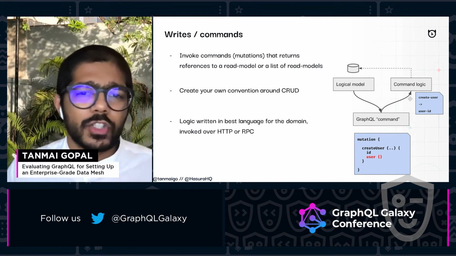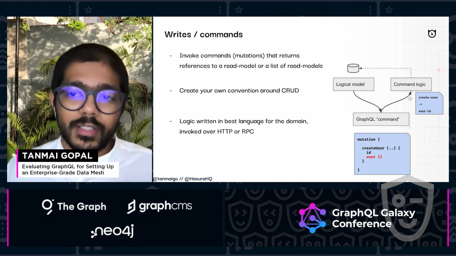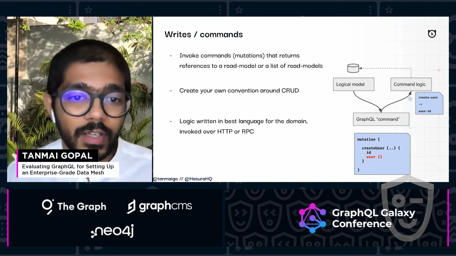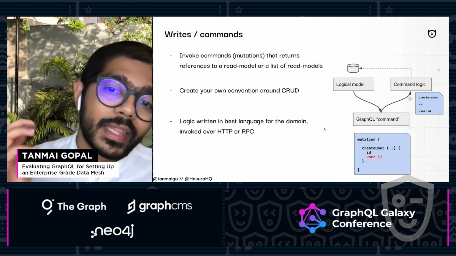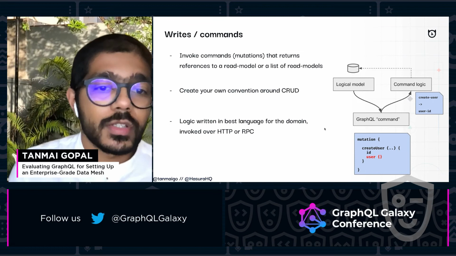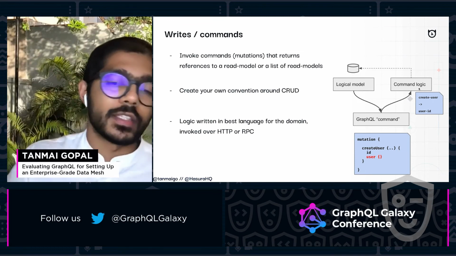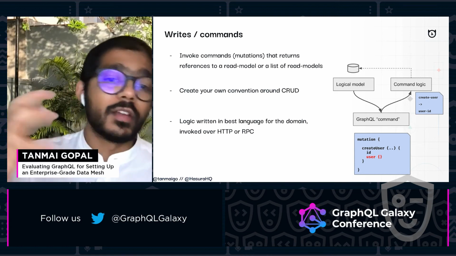We can create our own conventions around CRUD, right? Because CRUD actions are essentially also just commands that are returning, again, a single reference or a list of references. And we can also come up with certain conventions around the logic that we have, which may be written in different languages, right?